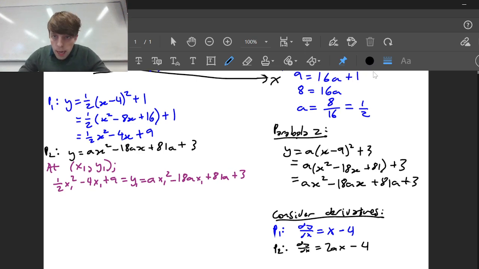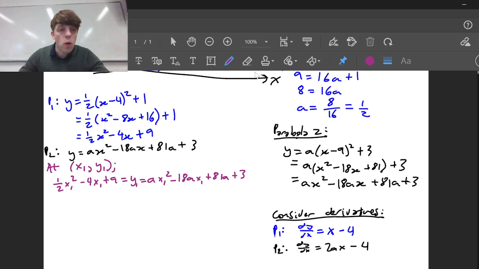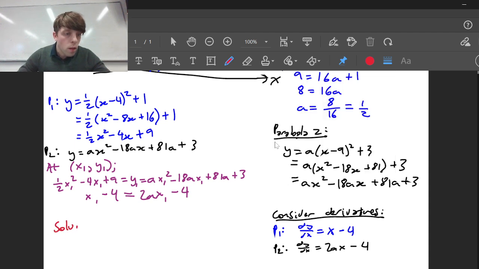Now, again, the two parabolas must be equal, so the two derivatives must be equal at this particular point, x1, y1. So the equation for the first derivative must be equal to the equation for the second derivative. We can set this up as a system of equations: x1 minus 4 must be equal to 2 times a times x1 minus 4. This gives us a system of equations that we can now solve. What we're trying to solve on CAS is the following.